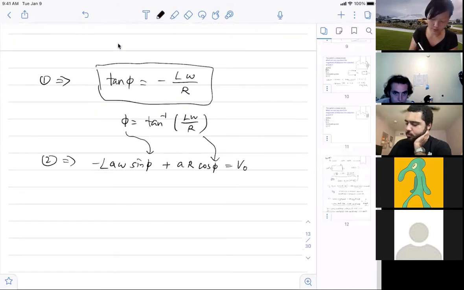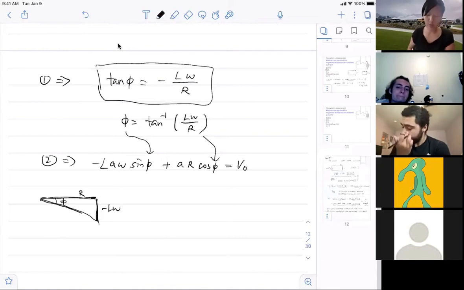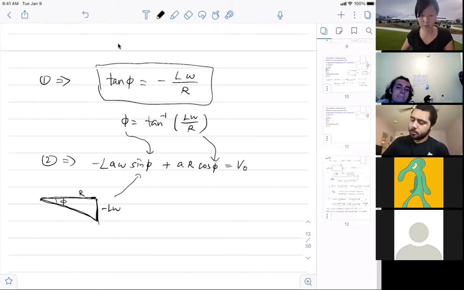How do we relate this phi to the sine and cosine? There's a trick. If you think of a triangle, this is your phi, where tangent of this is negative omega L over R. That already tells you about the two sides of this triangle, and you can figure out the hypotenuse and then use it for your sine and cosine.